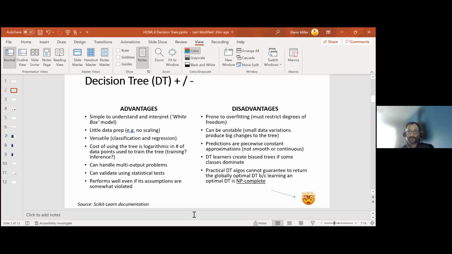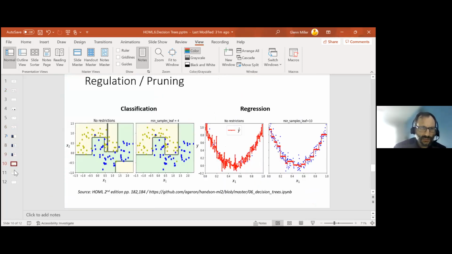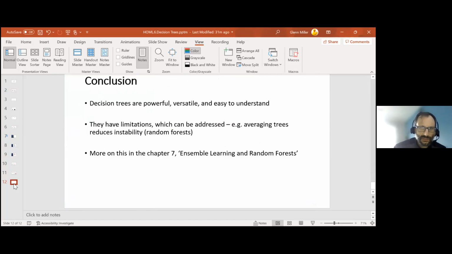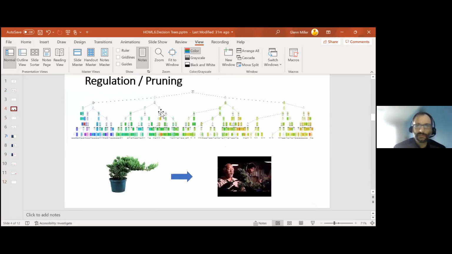As for disadvantages, I think the biggest one is that they're prone to overfitting. I've got a slide later with, well, we could just jump to what that looks like. Well, maybe I didn't include it. There you go.